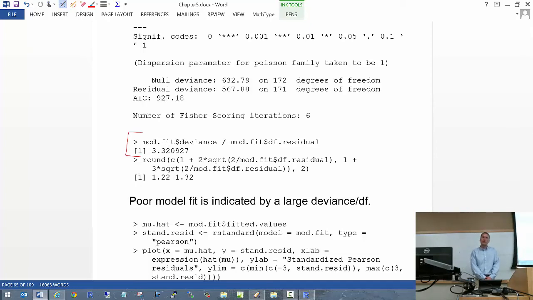Again, the farther from 1, the worse the fit of the model. My thresholds, 2 standard deviations above 1 is 1.22. 3 standard deviations is 1.32. So I am way above these thresholds. This is indicating that this model actually fits poorly, which could be due to the overdispersion.